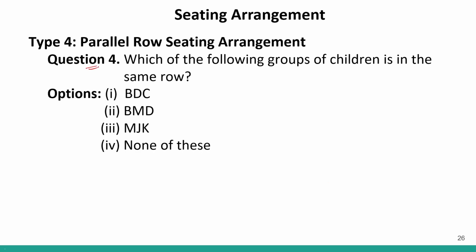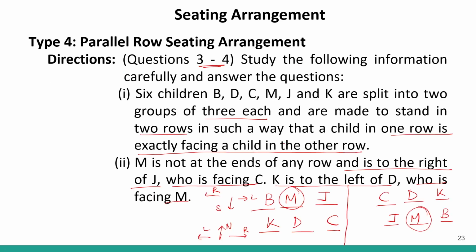Question number 4 also. Which of the following groups of children is in the same row? So we know if we look at the possibilities, we have BMJ and KDC. These are the only 2 possibilities. Correct? KDC or BMJ. 2 rows.